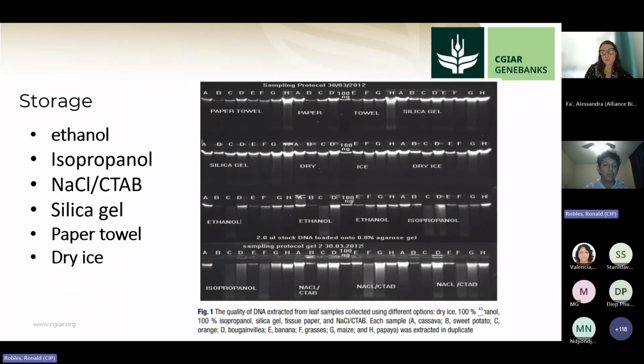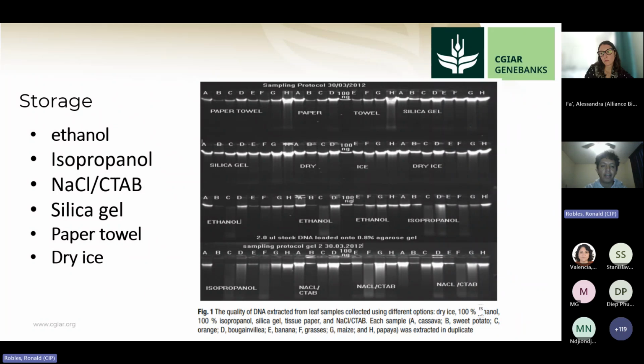Another option was using isopropanol, another alcohol. And the third one was to store the tissue in a mixed solution of sodium chloride and CTAB, which is a detergent. And these three were compared with another three methods of storage in which the samples were desiccated.